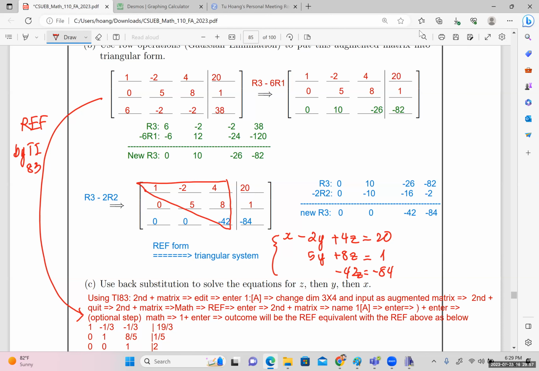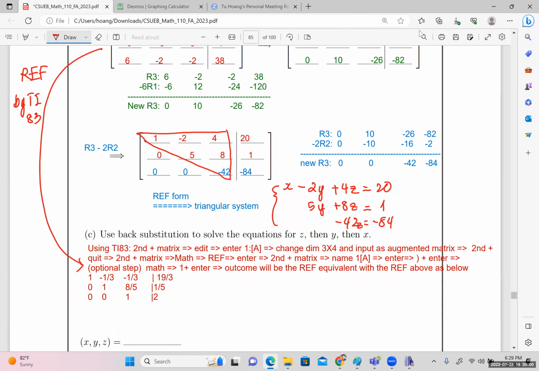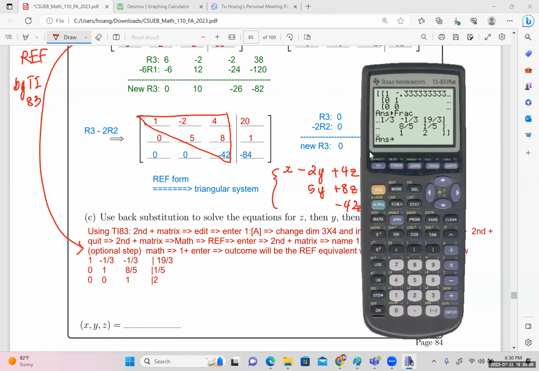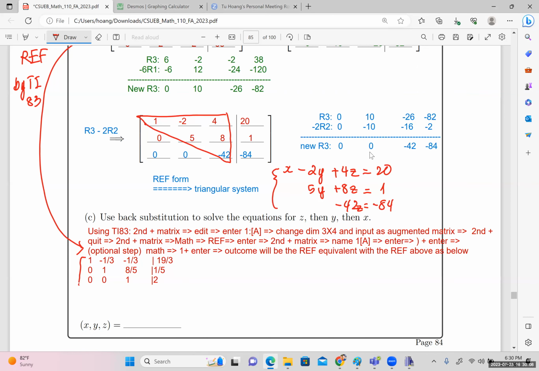the way I use for REF by TI-83, and I end up with the matrix as over here. All right. This is also an REF matrix. So when you change back to the system, you will have x minus 1/3 y minus 1/3 z equal to 19/3.